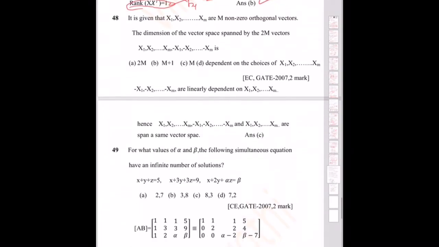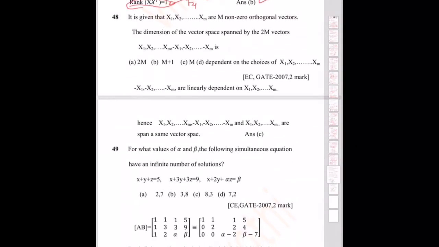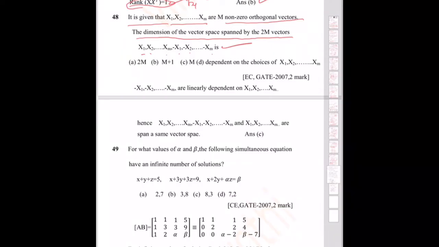Then problem number 48. It is given that x1, x2, ..., xm are m non-zero orthogonal vectors. Then the dimension of the vector space spanned by the 2m vectors x1, x2, and so on xm, minus x1, minus x2, ..., minus xm is.